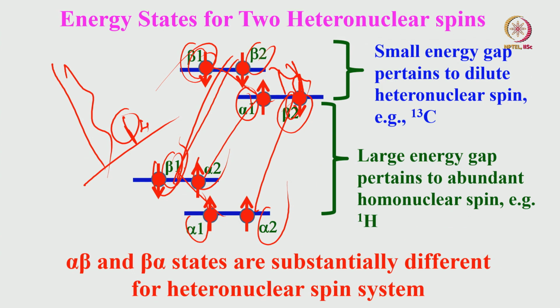But what I wanted to summarize today is what we discussed in this class. We discussed the selection rules. The selection rule is that the change in the total magnetic quantum number between two energy states should be either +1 or -1. We took the example of the spin-half case.